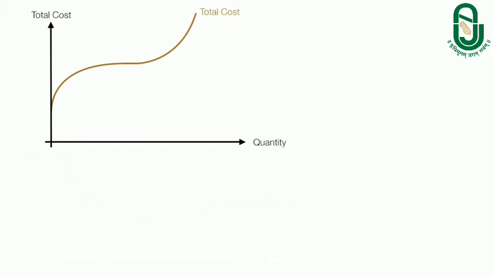Now I'm going to draw the marginal cost curve. For marginal cost, I take a quantity and a total cost. And what I want to know is how much total cost increases if I increase quantity.